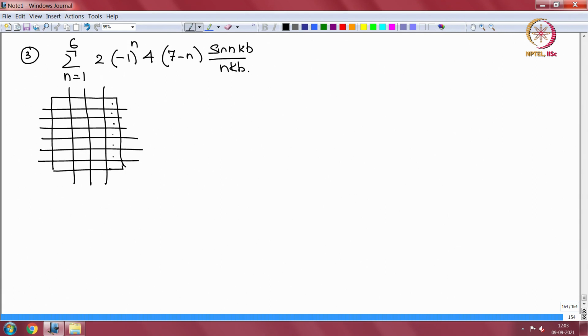Now let us see the first term. First term is n is equal to 1. So, 2 minus 1 to the power 1 into 4 into 7 minus 1, which is 6, and sine kb over kb. This speaks of interactions of neighboring cells, plus minus plus minus plus minus plus, let's say.